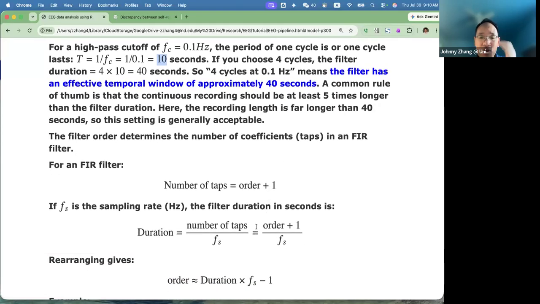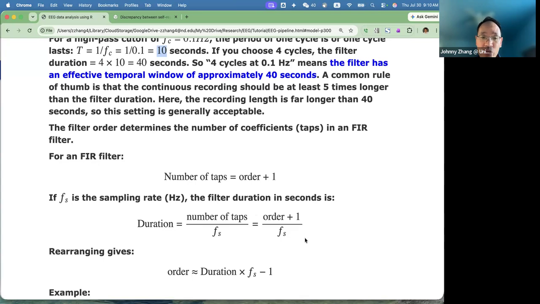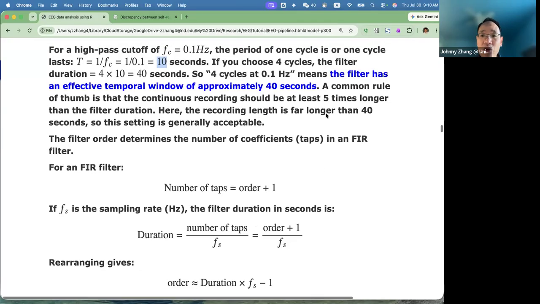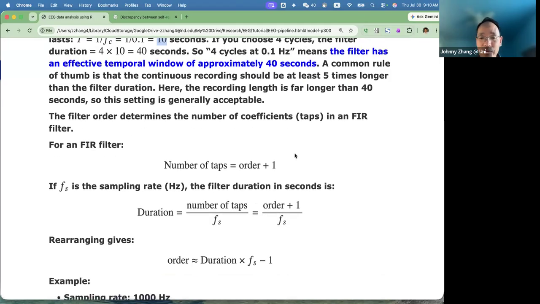Once you decide that, you can decide the order. The order is related to the sampling rate and the total time of your cycles.